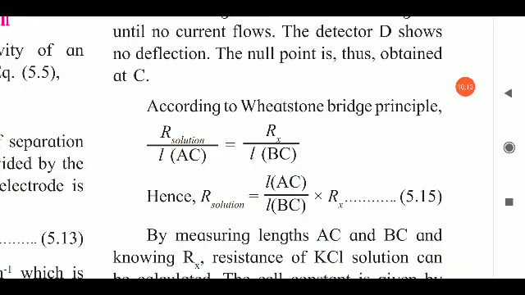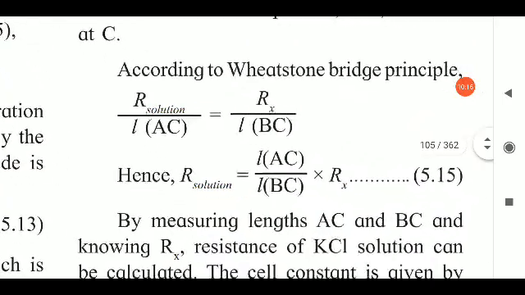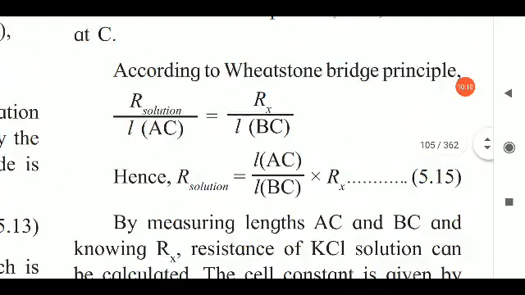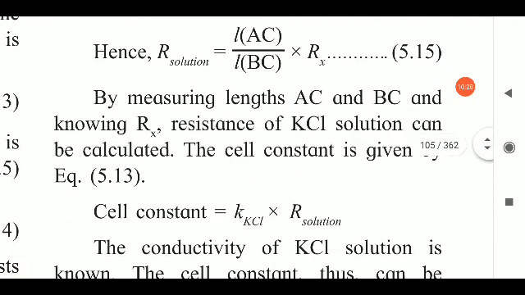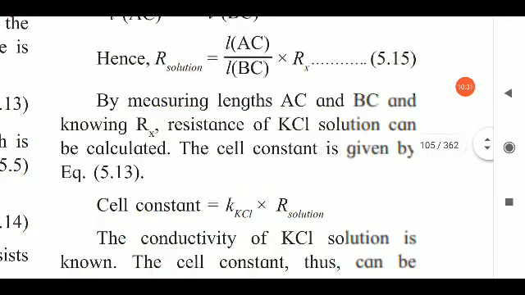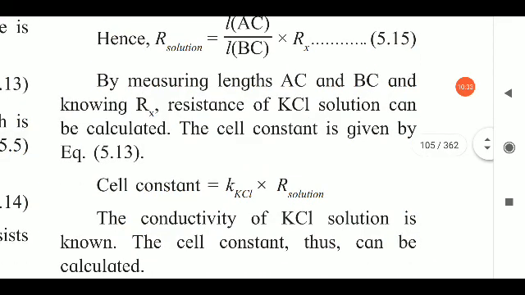The value we are going to determine in this equation is R solution. So modify this equation for R solution, then students, you will get equation 5.15. So by measuring the lengths of AC and BC and knowing Rx, the resistance of the KCl solution can be calculated.